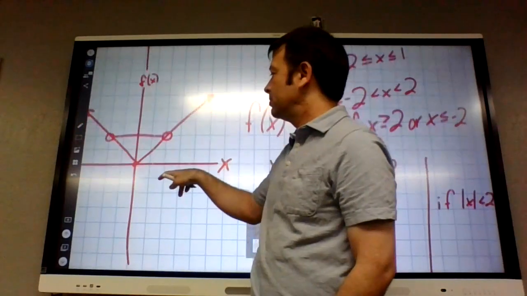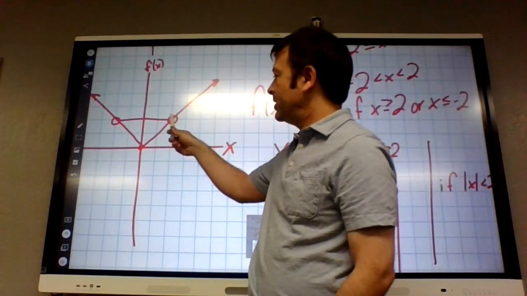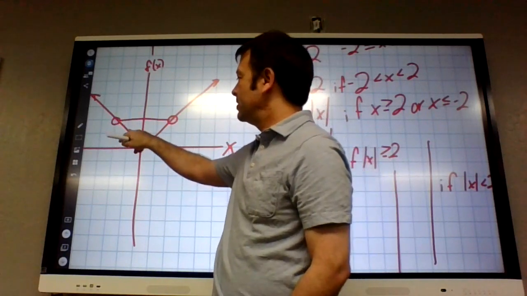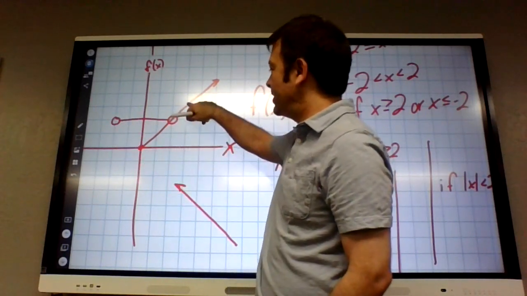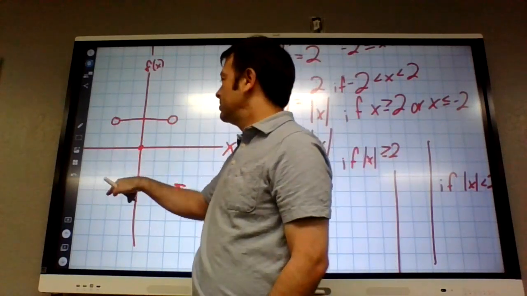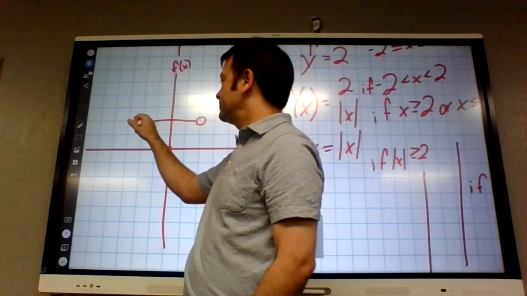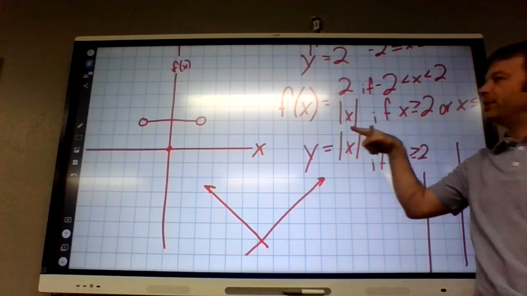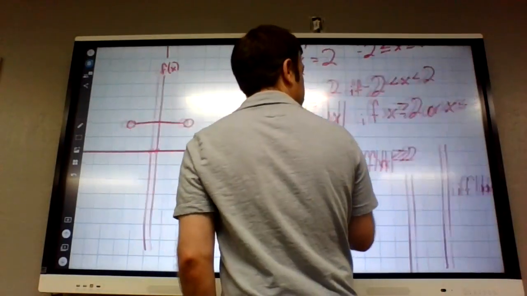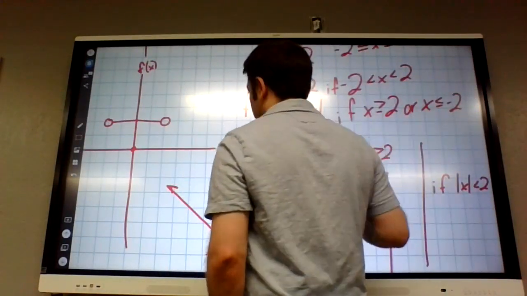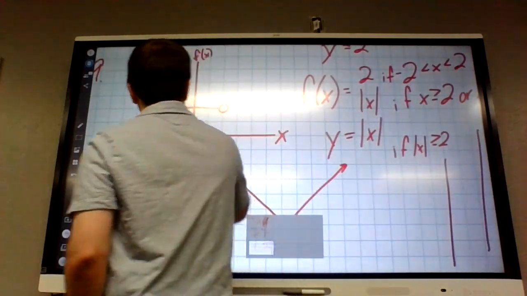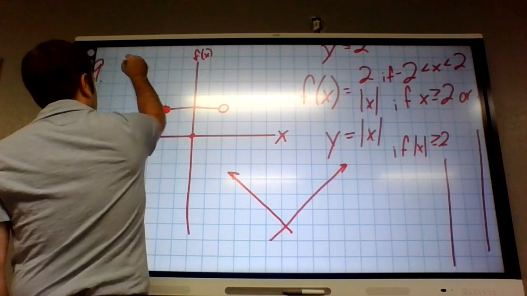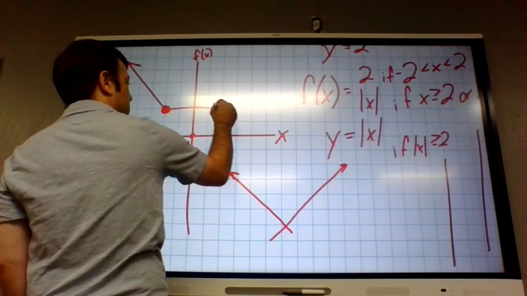But it's actually supposed to start at x equals 2 and x equals negative 2. So should the circle be filled in? Yes, both are filled in. There is no top circle. It's going to go forever that way. There's no limit.